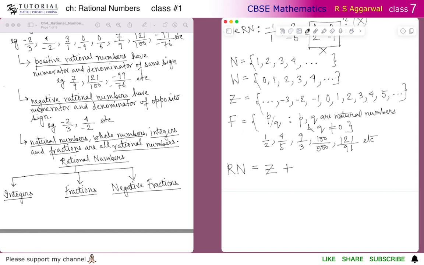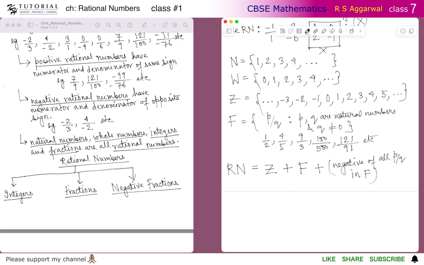I'm just saying that the rational numbers are the collection of the integers, that is Z, the fractions, plus the negatives of all p by q in F, that is all the fractions that you have and their negatives.